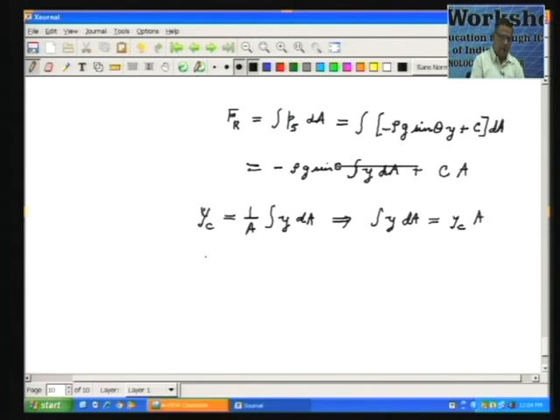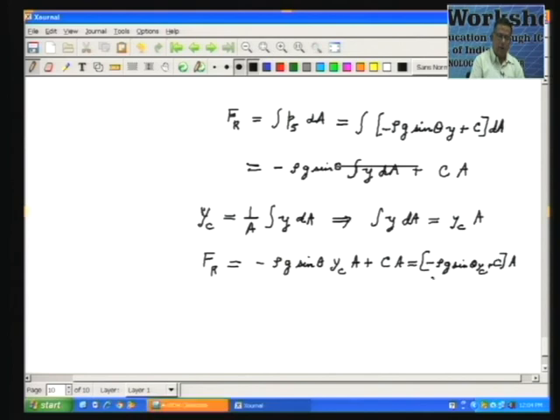So, we have now F r equal to minus rho g sin theta into y c into A plus c into A. Now, if I factor out the area, you are going to have minus rho g sin theta y c plus this constant.